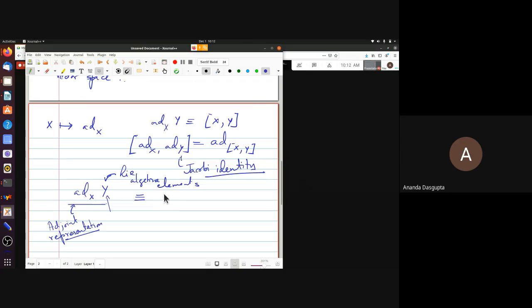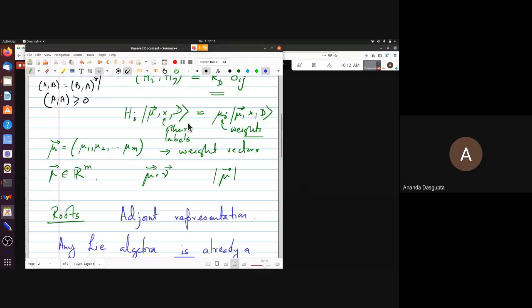Well, the notation which Georgi uses is this, because he of course wants to make it more physicist friendly. So the Lie algebra elements, which are actually operators or they're just vectors, he uses the ket notation for that. Of course, that makes it consistent with the general notation that you're using, your vectors on which operators act.